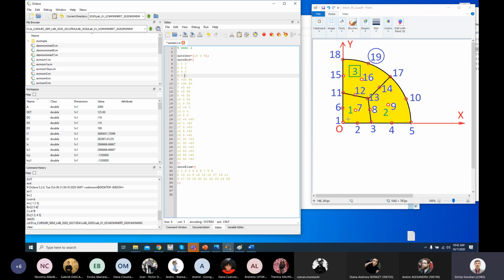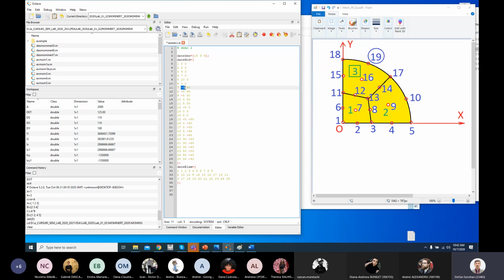And node 5 is 10 on x and 0 on y. Then node number 6. If we keep the symmetry here, I will take again 0 and 2 on y.